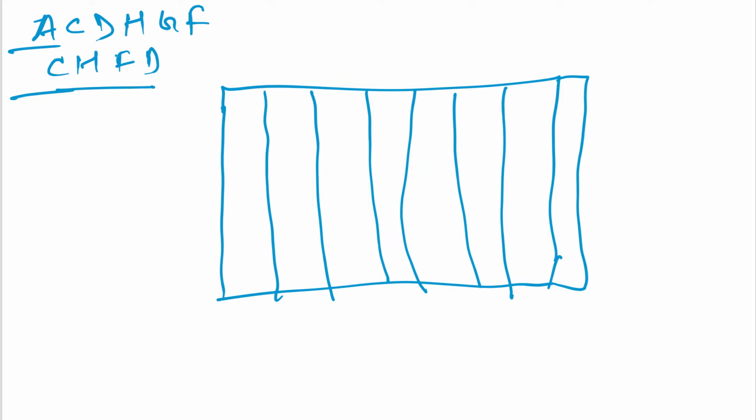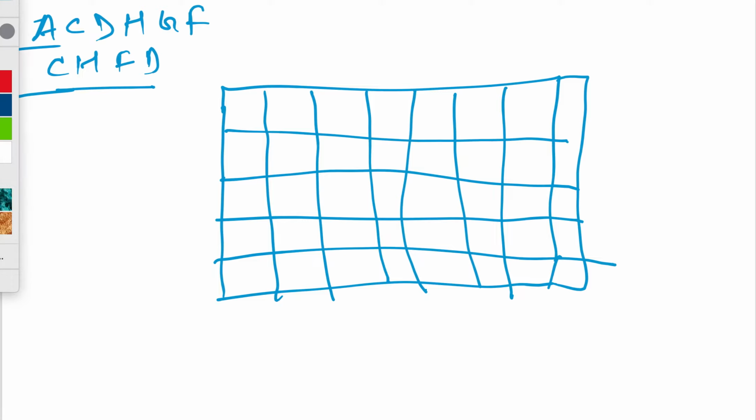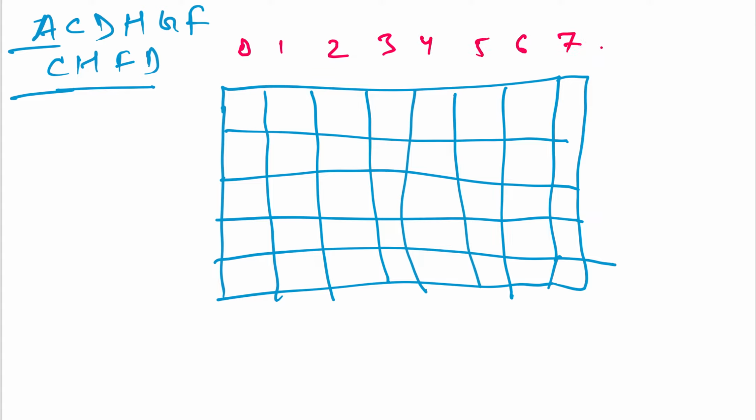And here there are 4 characters, so we will make 5 rows, 1 2 3 4 and 5. The indexes will be 0 1 2 3 4 5 6 7 and 0 1 2 3 4.